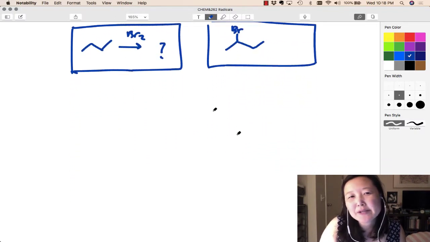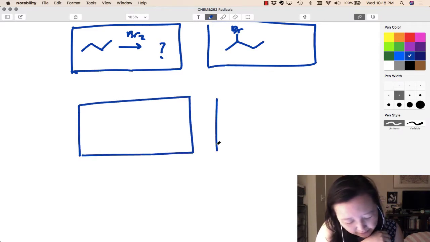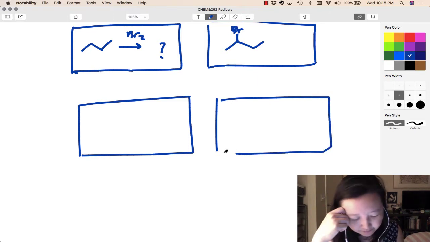With mechanisms though, for me, I like to just write them out on a piece of paper a few times until I can do it without my notes. So for me, that's what works best. You can also try some flashcards just for quick recall. That's what flashcards are great for.